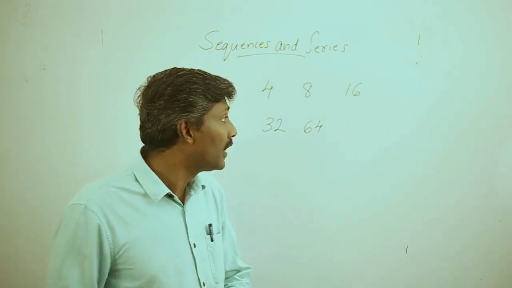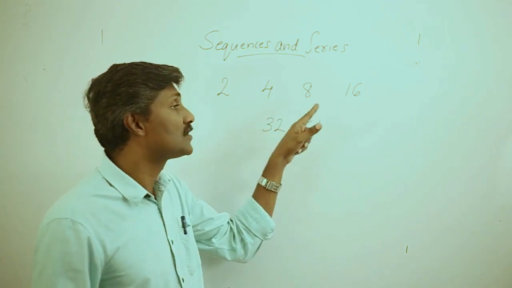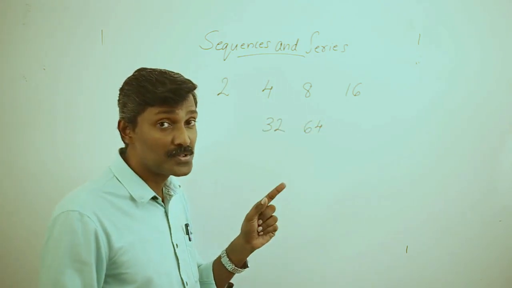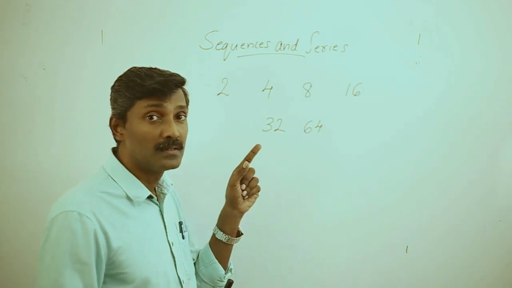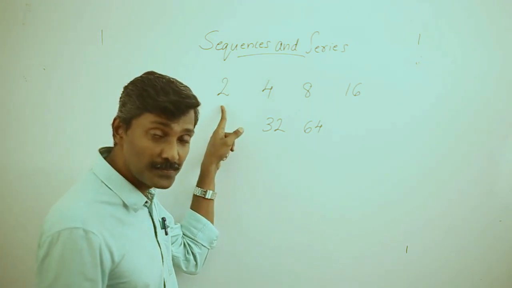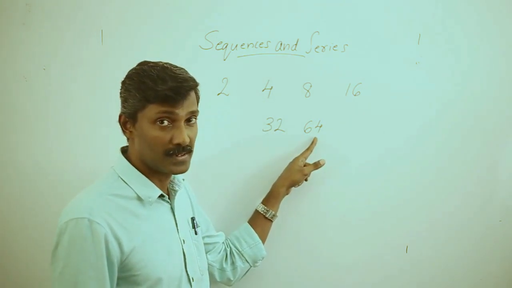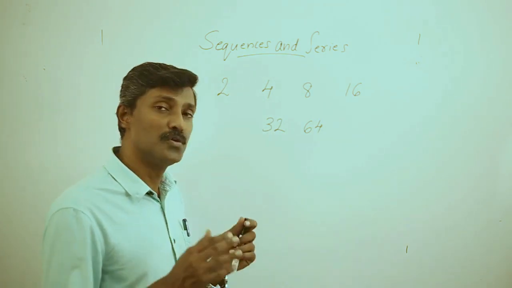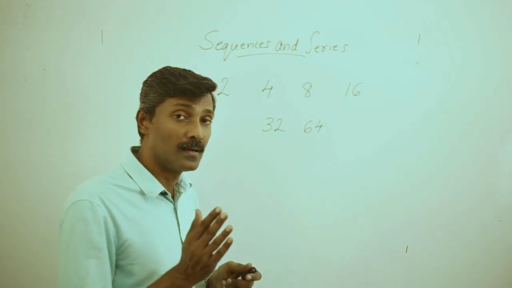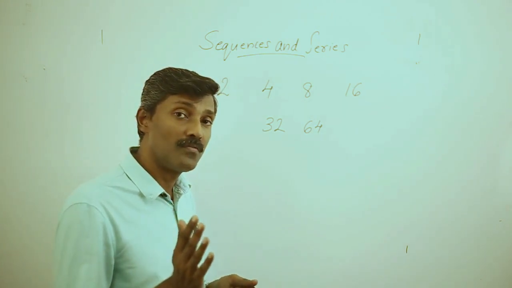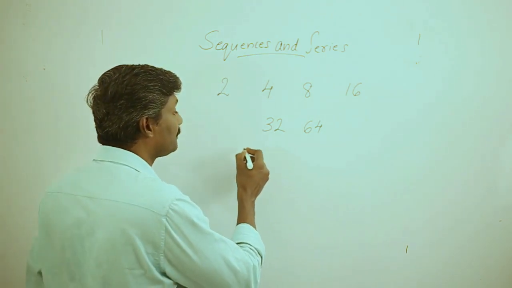Clear? And each of the members of the sequence are called the terms of the sequence. And you can count the terms. This is the first term of the sequence, the second term, the third term, fourth term, fifth term, sixth term, etc. Now we usually represent the nth term or the general term of a sequence as an.